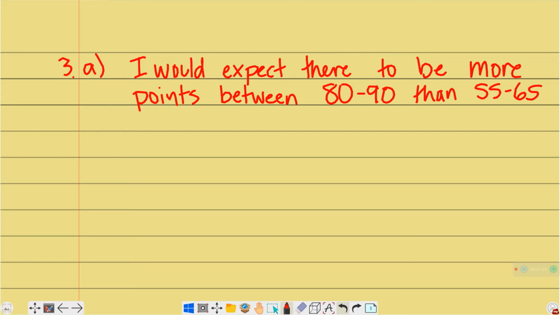Essentially, I would expect there to be more at the higher end than at the lower end.